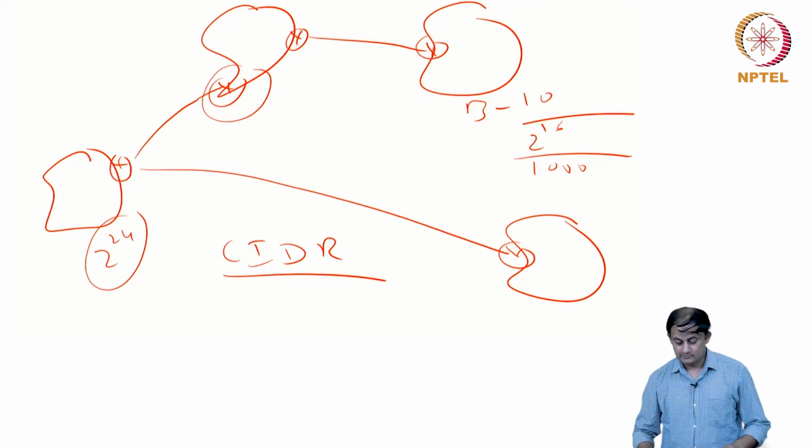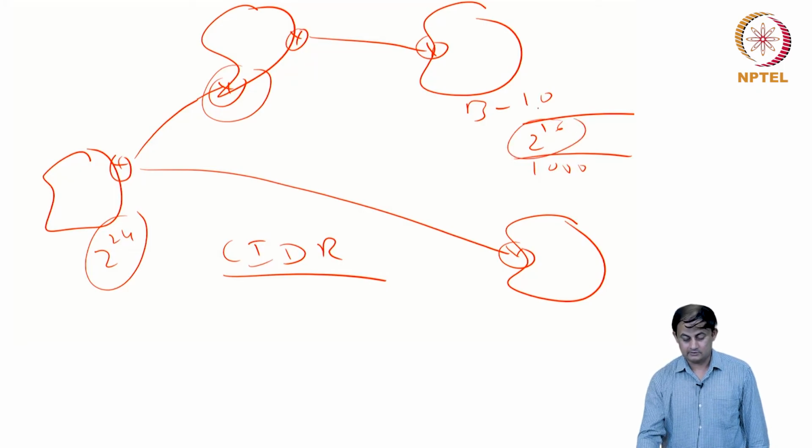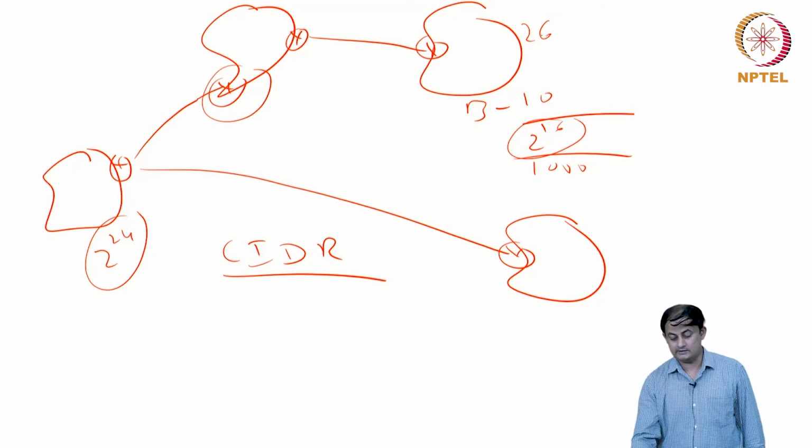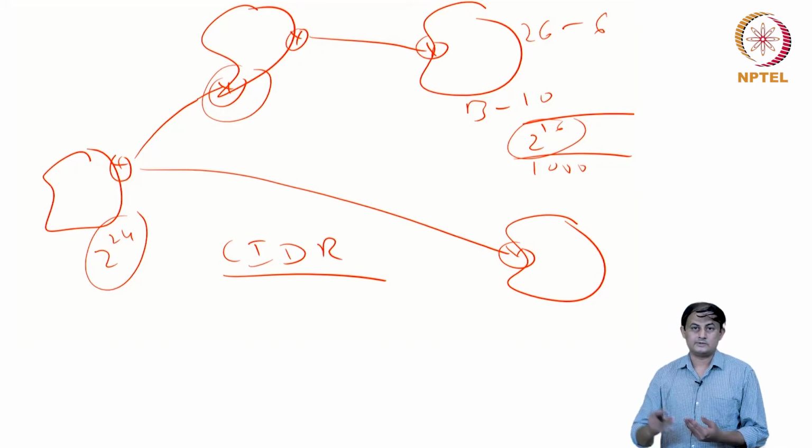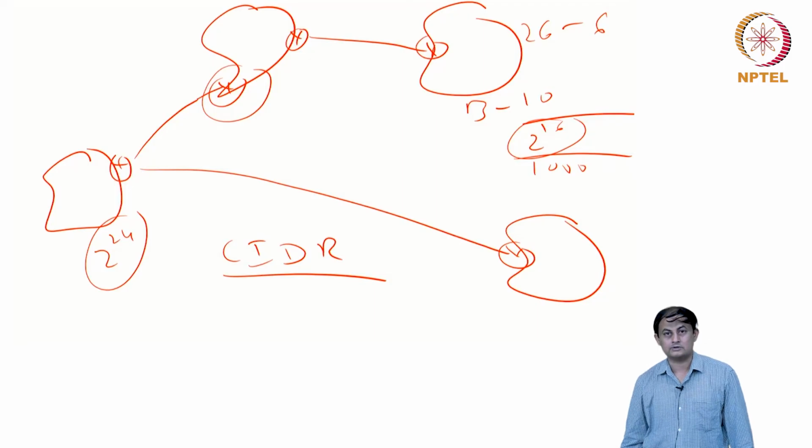So, instead of saying that this is a class B address and I require 16 bits for the network, you can say, I have some X number of hosts, I require 26 bits for the network and the remaining 6 bits for the host component. That is the division. So, 2 to the power of 6 is the number of hosts there.